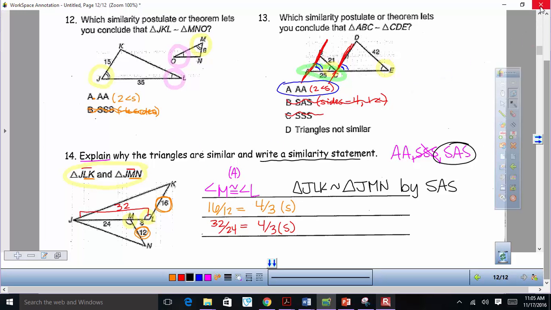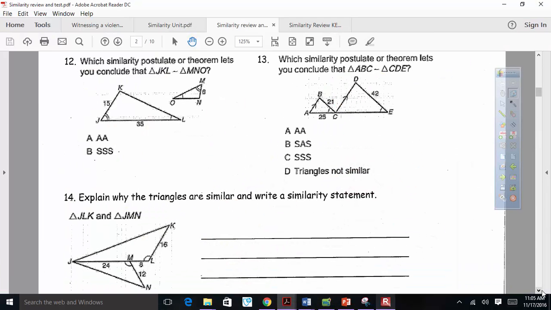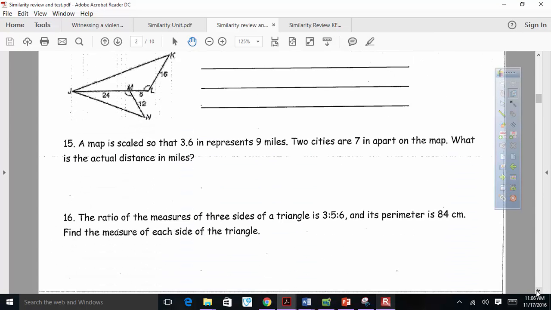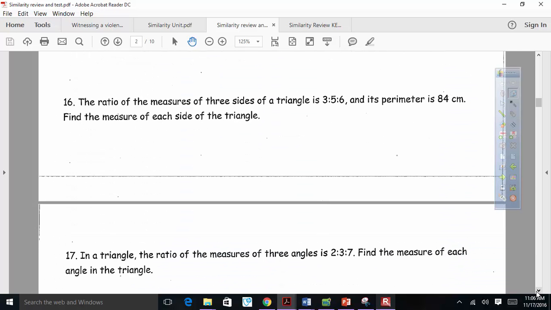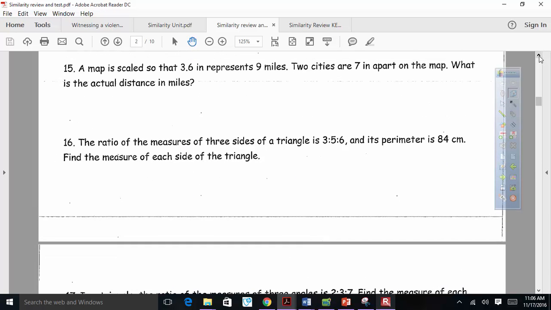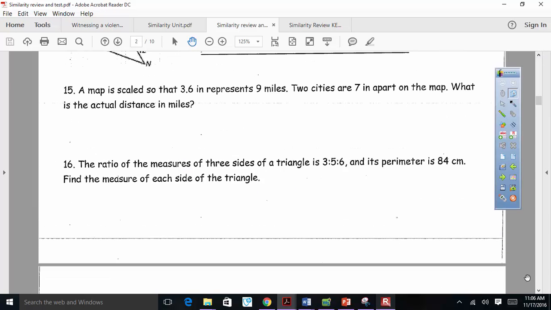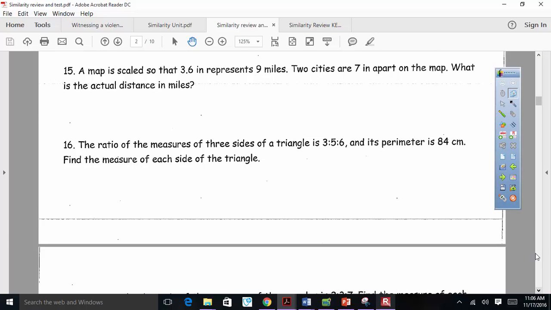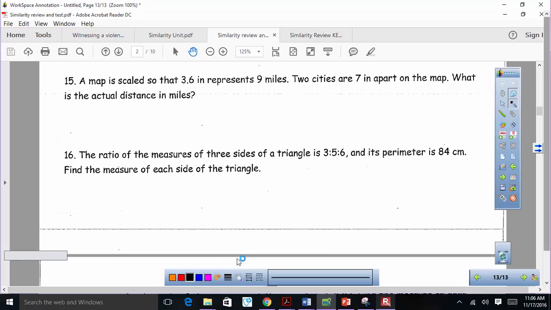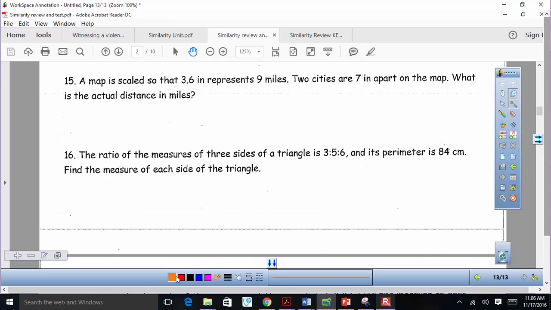Okay, let's look at the next ones y'all had questions on. Okay, number 15, right? So in this one it says a map is scaled so that 3.6 inches represent 9 miles.